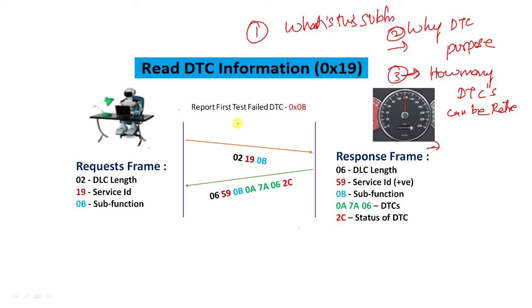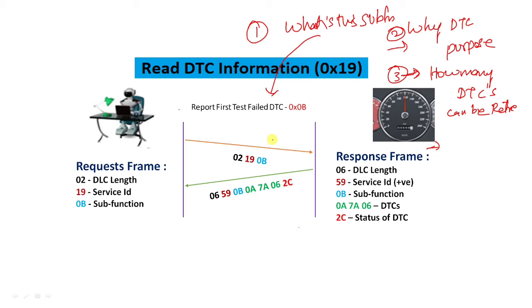Fine. From the name itself, you can tell what report first test failed DTC is. This particular subfunction is helpful for retrieving the very first DTC failed in the ECU. All right, again the question is whether it is in this operation cycle or the previous operation cycle.